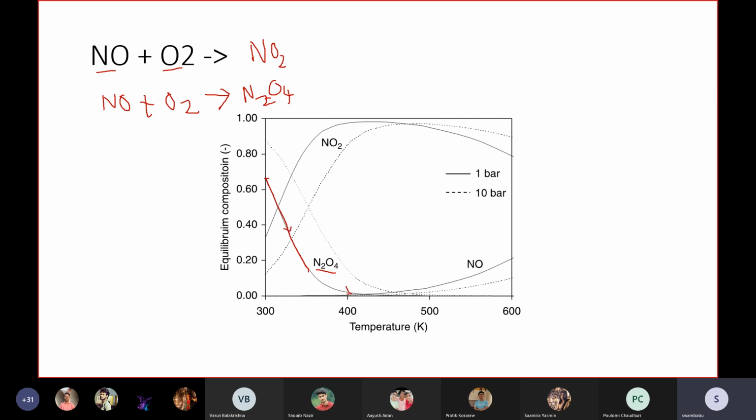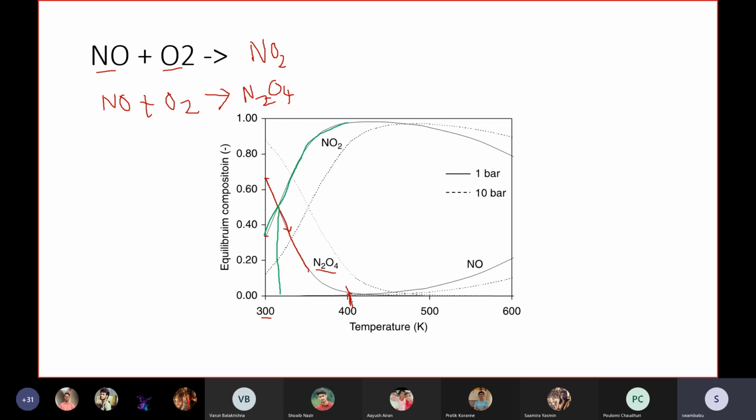At temperatures lower than 300 Kelvin, the N2O4 concentration is higher than the NO2 content, and you can see here the NO2 concentration is lower. But when it crosses roughly 320 Kelvin, NO2 dominates.